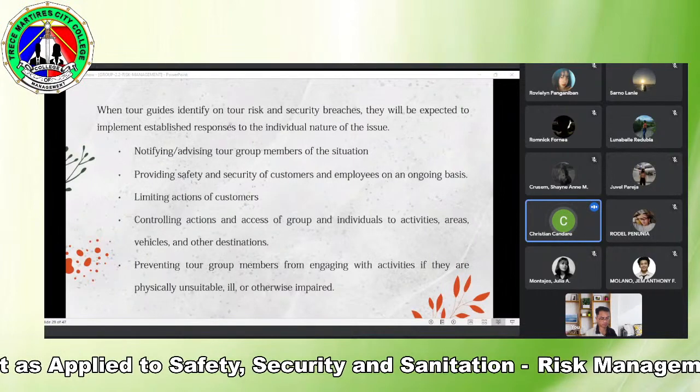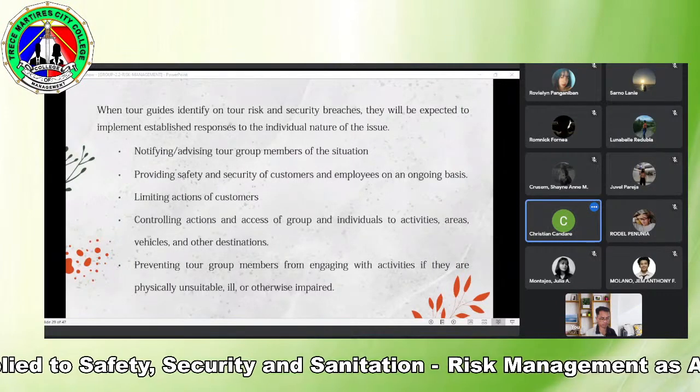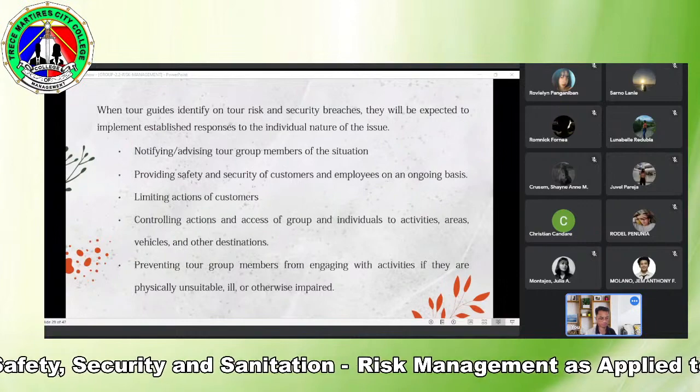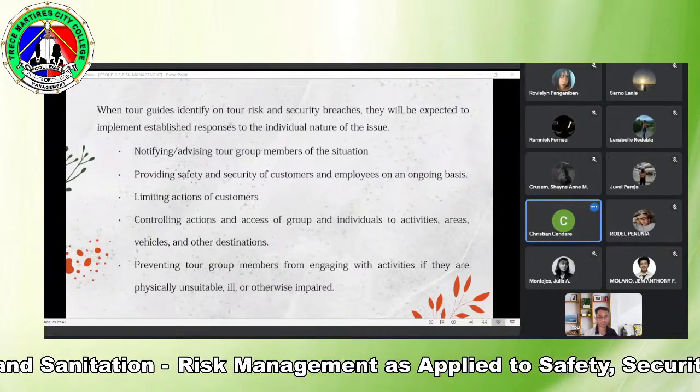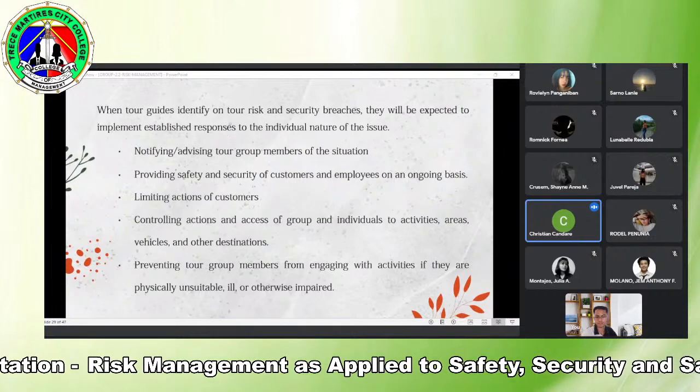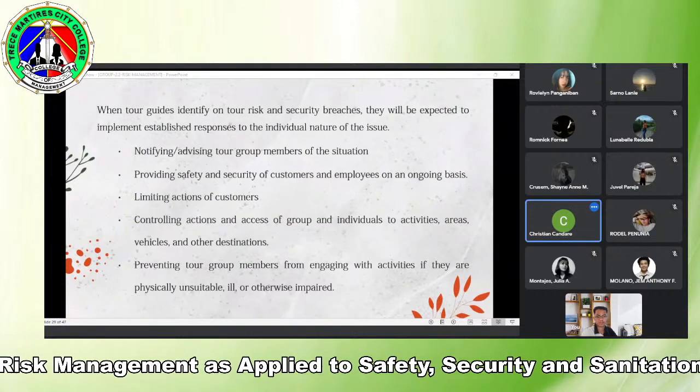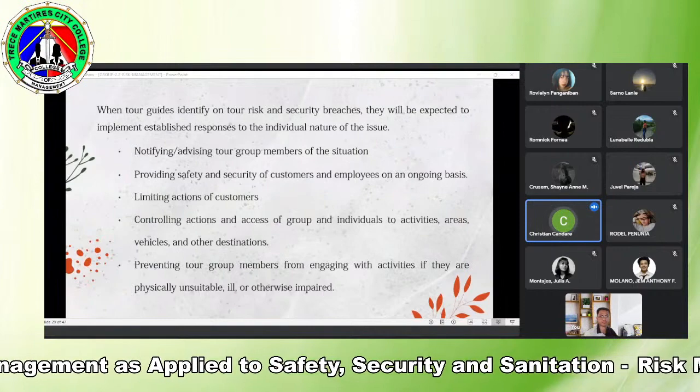It is the group leader and... di pala to. Controlling actions. Gusto pala ako dun.